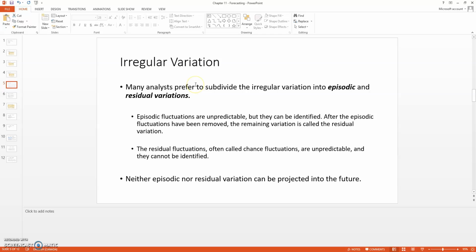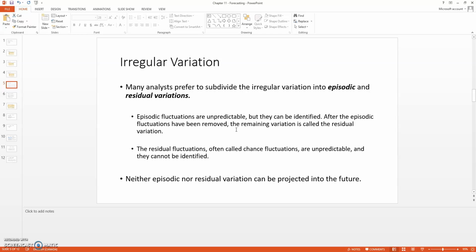The irregular or random variation can be divided into 2 groups, episodic and residual variations. Both are unpredictable. The episodic fluctuations can be identified and then removed, and then the remaining variation, the one more caused by randomness, is the residual variation.